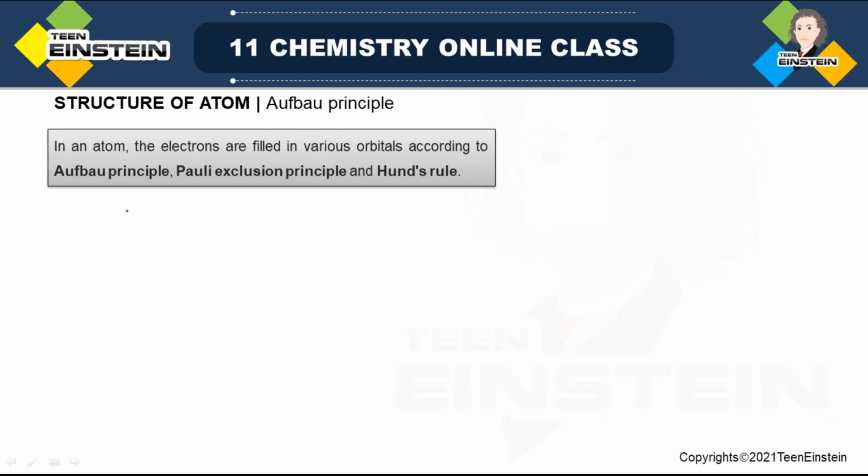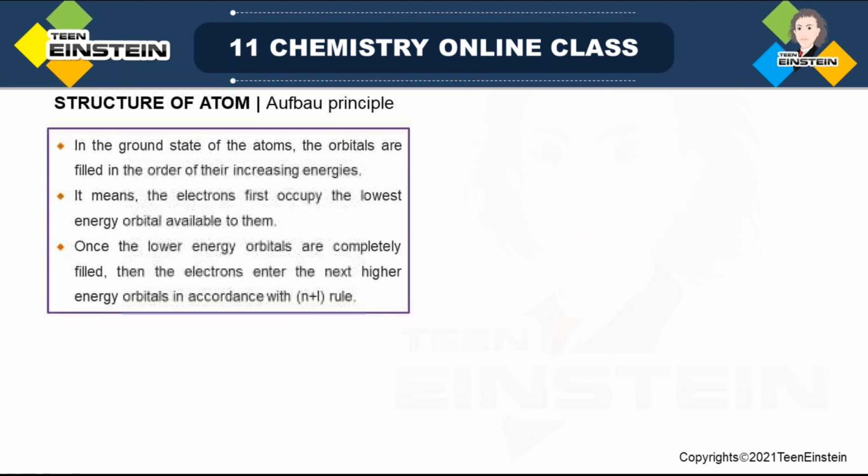So first is the Aufbau principle. When the atom is present in the ground state, that means the low energy state, then the orbitals are filled in the order of their increasing energy. So you should know the order of atomic orbitals according to increasing energy. First low energy, then the high energy atomic orbital.